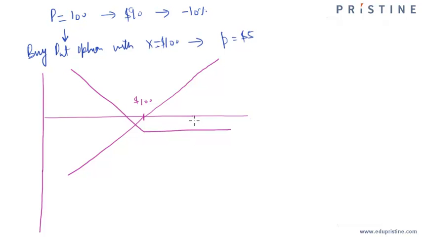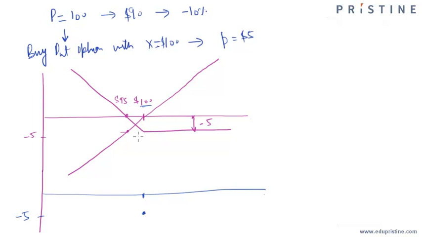Here the premium is $5. This is -5, so this point would be $95, and here this point would be $5. So here this would be -$5. If I have to find the resultant payoff, the resultant payoff at $100 would be -5.